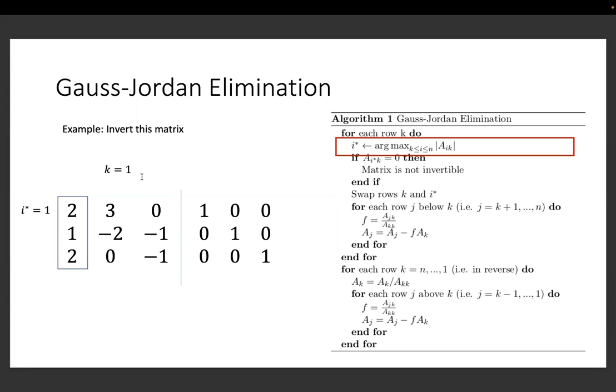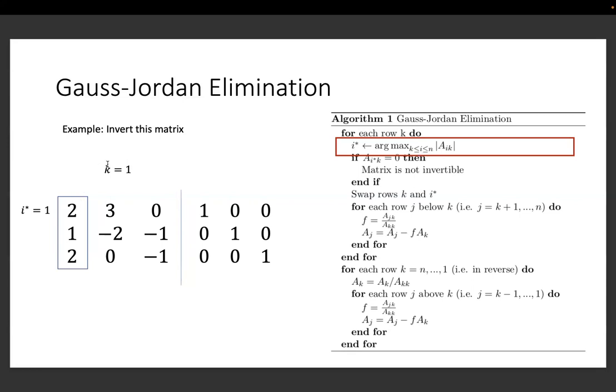So for example, here k is equal to 1, and in this line, we want to find the absolute maximum value that we have in the column from k up to n, right?